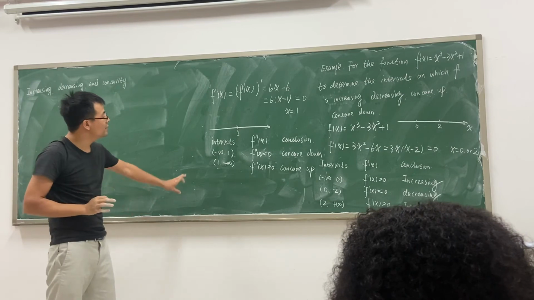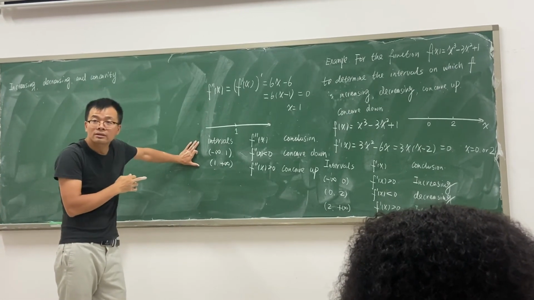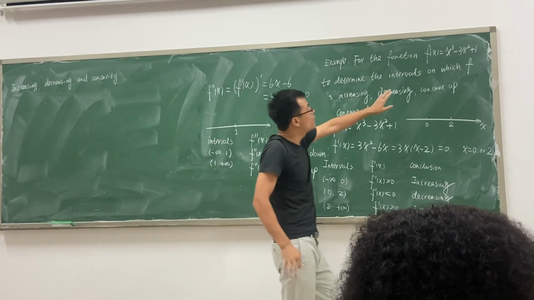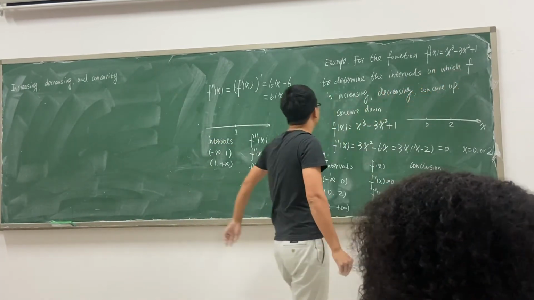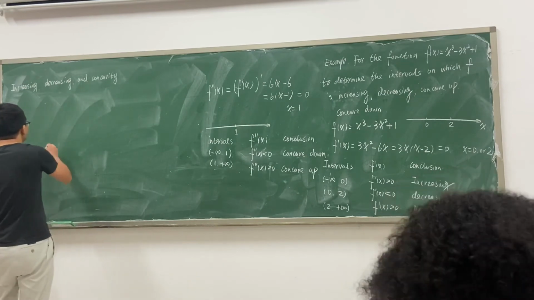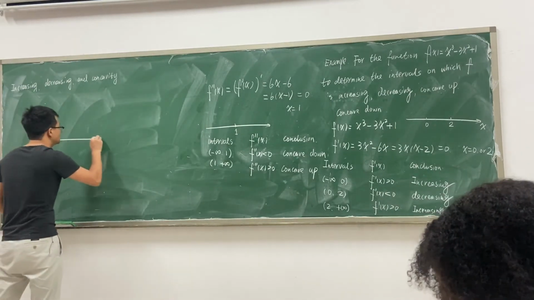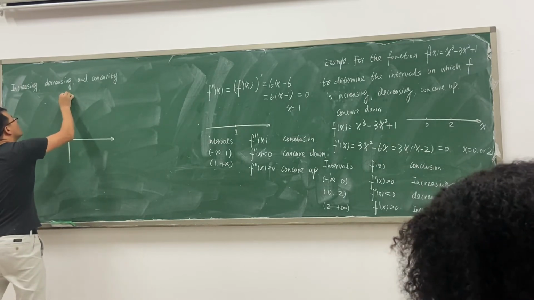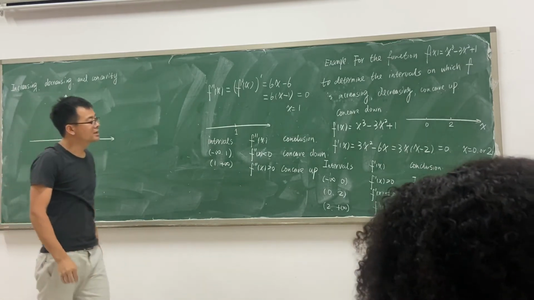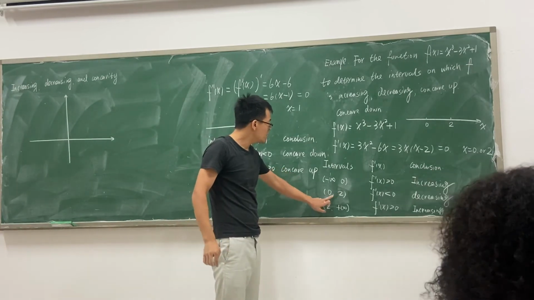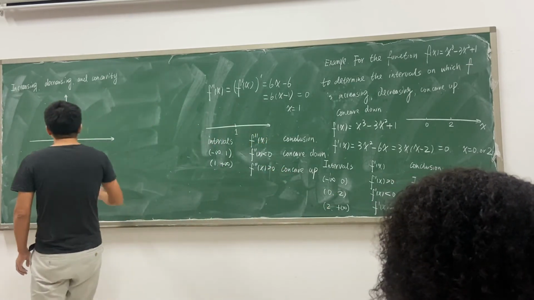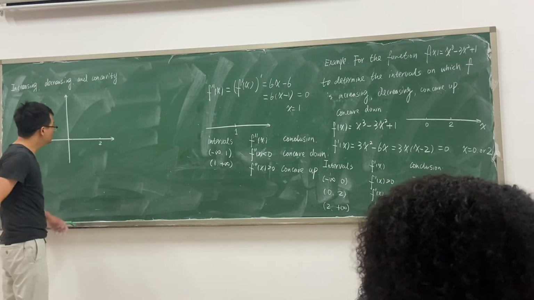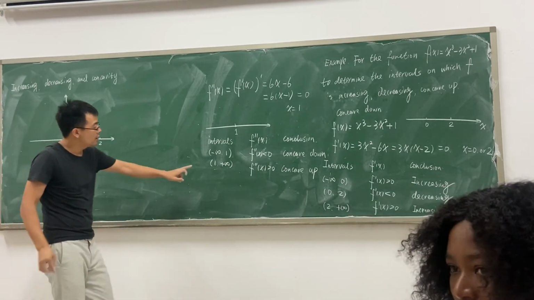According to this result, we can plot the graph of this function. Here we have the points 0, 0, and 2, and the point 1.